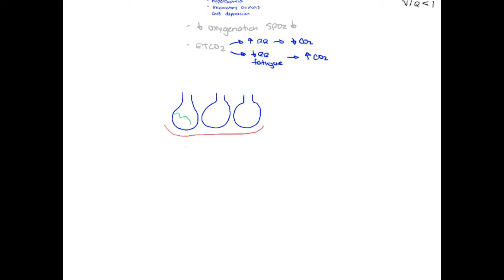So we see no O2 making its way into these alveoli, which is going to lead to this buildup of CO2, and it's also going to lead to hypoxic vasoconstriction. So as these alveoli are not receiving any oxygen, we're going to see hypoxic vasoconstriction, or the body's going to attempt to shunt blood away from the alveoli, or the area of the lungs that are affected or not receiving oxygen. So we have hypoxic vasoconstriction.